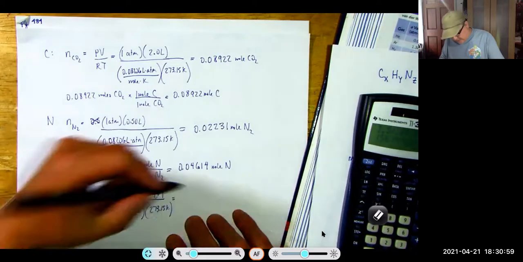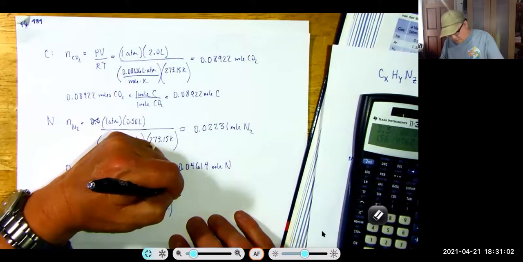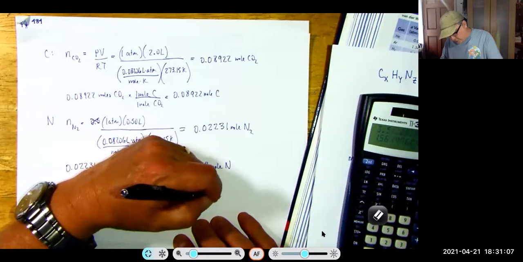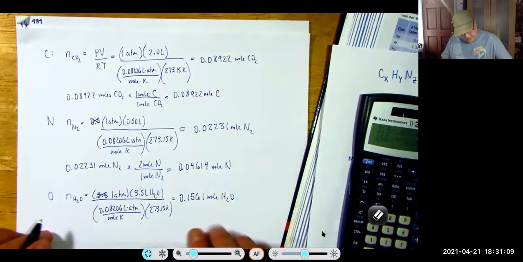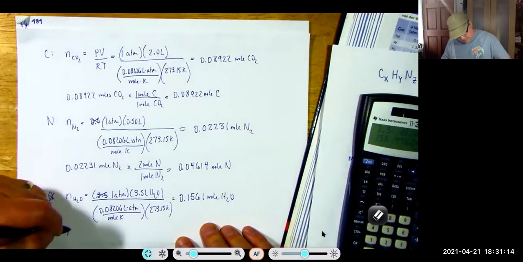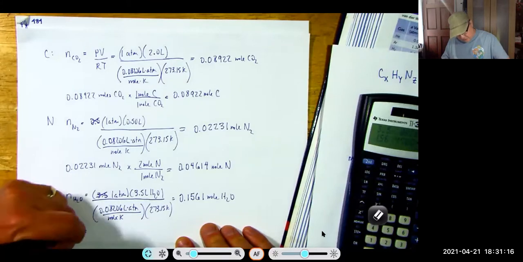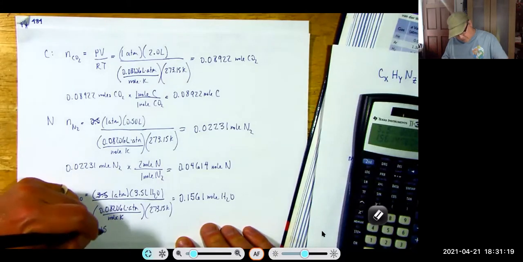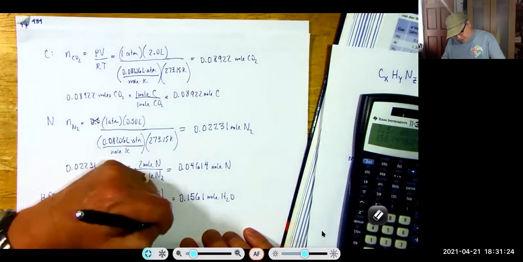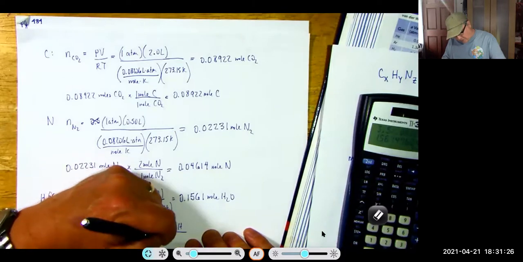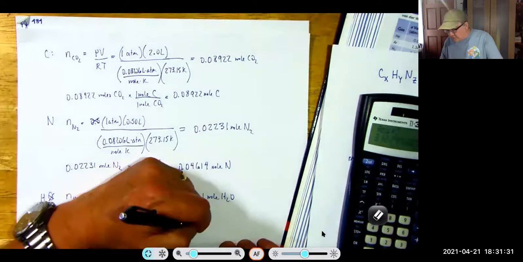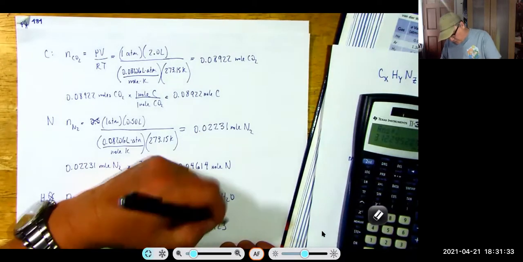And I get 0.1561 mole of H2O. And this should be hydrogen here, not oxygen. So to get the moles of hydrogen, I'm going to start off with my 0.1561 moles of H2O and multiply by 2 moles of hydrogen per 1 mole of H2O. And I get 0.3123 mole of hydrogen.